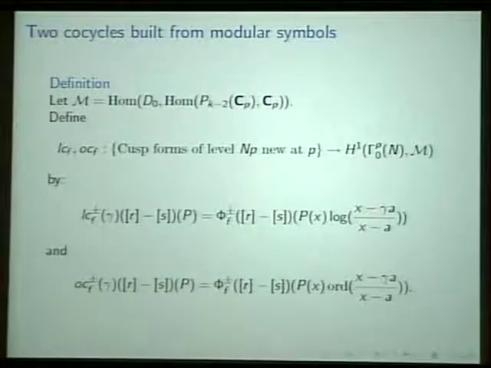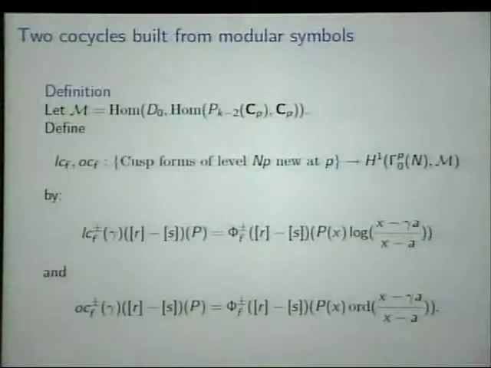What you do is you put in gamma 1, gamma 2 here, and then you write this as x minus gamma 1 gamma 2 over x minus gamma 1 times x minus gamma 1 over x minus a, and then split apart the logarithm, and then you pull out the gamma into the r minus s's, and anyway, it's a 1-cocycle. And we're going to do the same thing that we did here, but instead of using the p-adic logarithm, we use the p-adic ord. Okay?